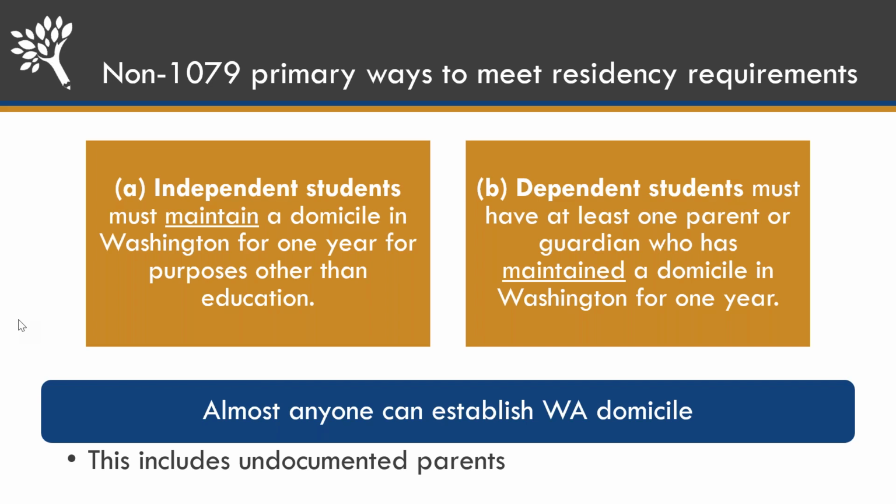When you want to update it to the Social Security number, first we ask that the students go back into their WASFA and add their ID number into their WASFA application, for each year. That will update it in the system.